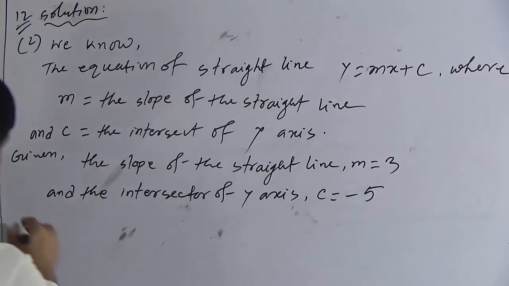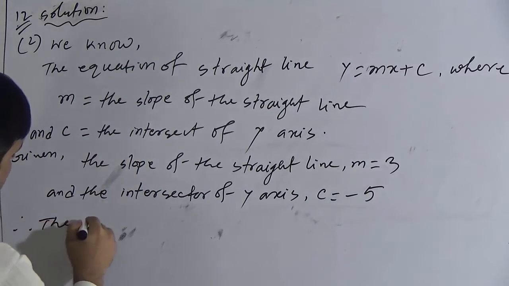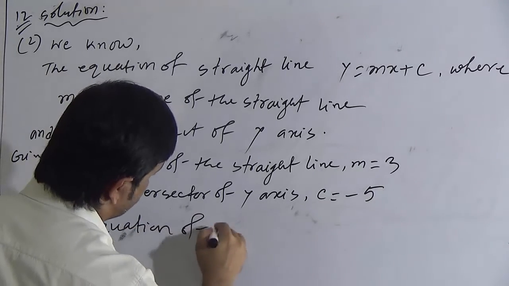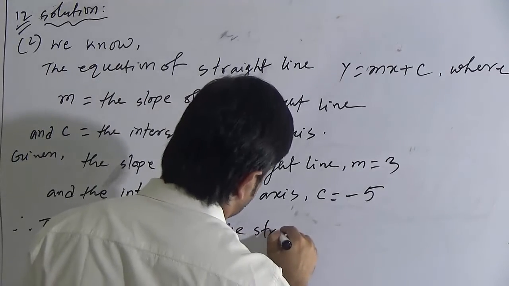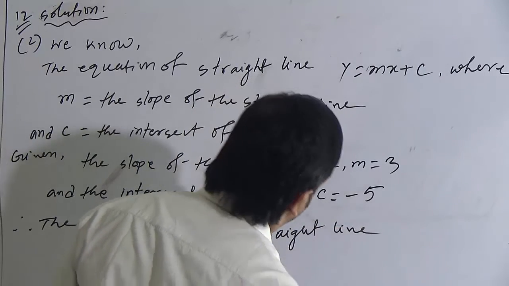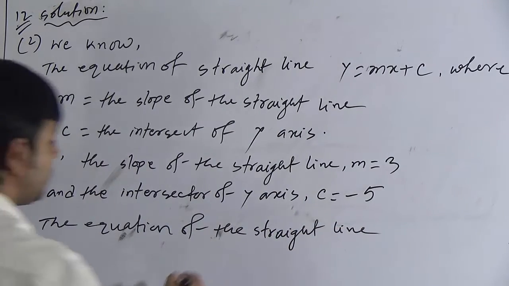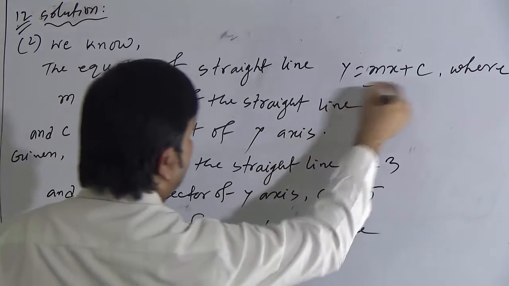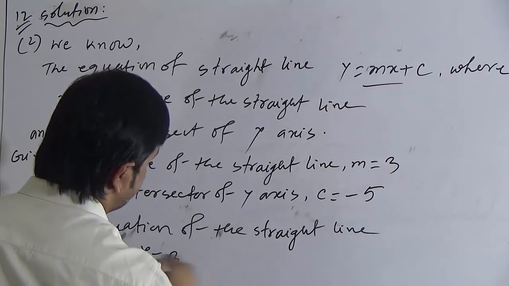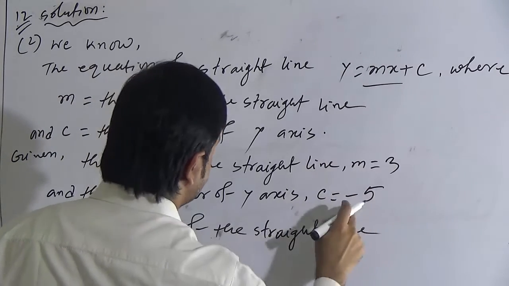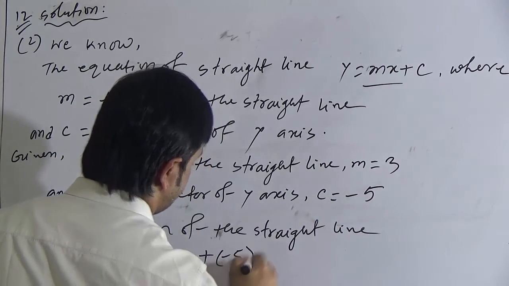So we can write therefore the equation of the straight line will be y equal to, here the value of m is 3, so put here value of m 3, here is x plus, here value of c is minus 5, so we can write here minus 5.